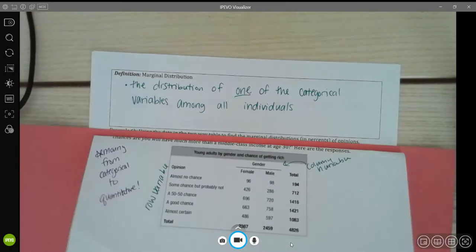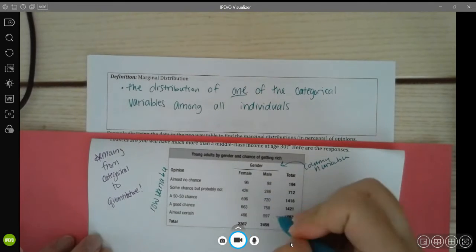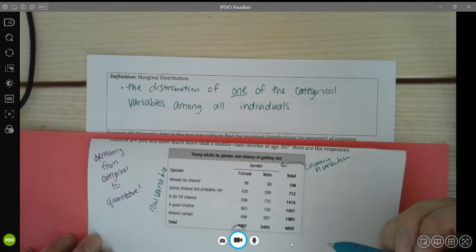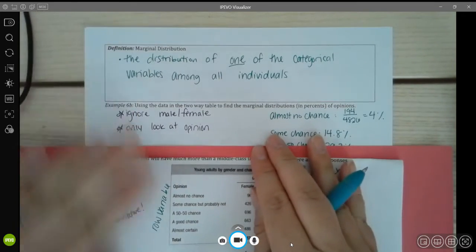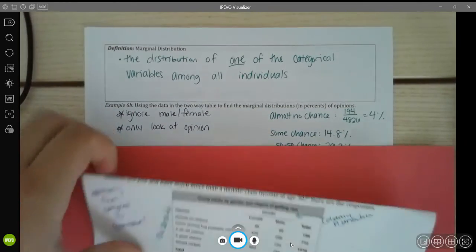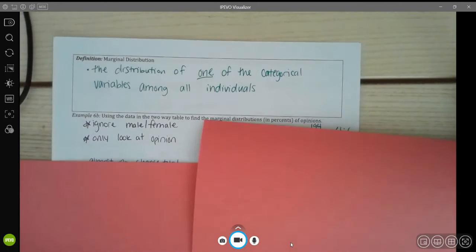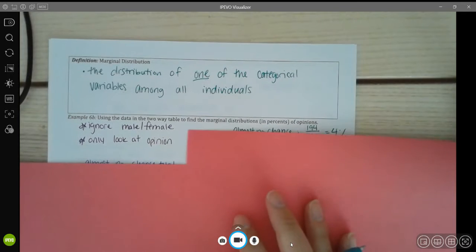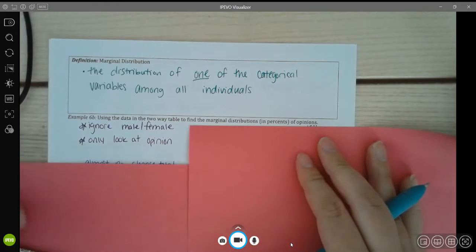Let's say, for example, I don't care if you're male or female. I'm just curious about your answer to this question, and it doesn't matter among who. So when we're finding the marginal distribution of opinions, the first thing we want to do is ignore male and female, and only look at opinions.